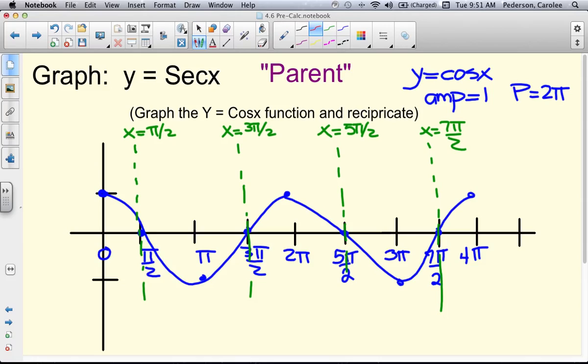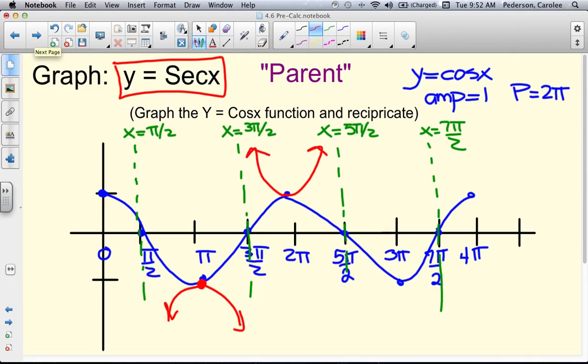Now I'll change to red, which is truly the secant function. So we go to those hills, the tops and the bottoms of the hills, go the other direction, and draw parabolas. So I'll start here between pi over 2 and 3 pi over 2, which is at pi, and flip it.